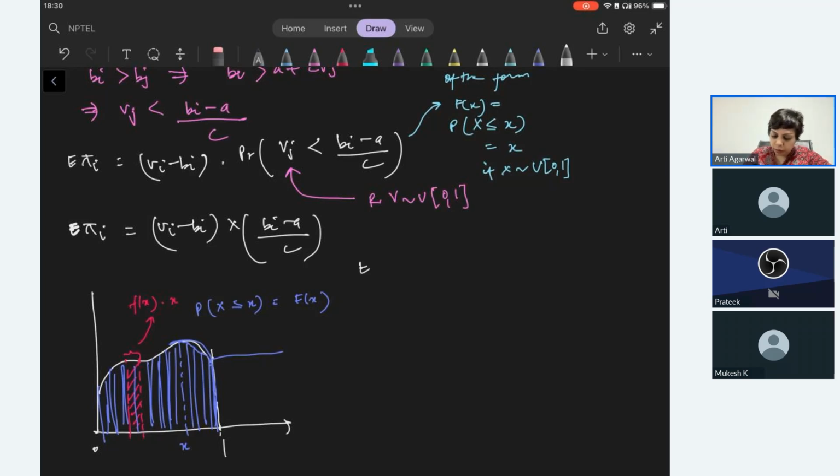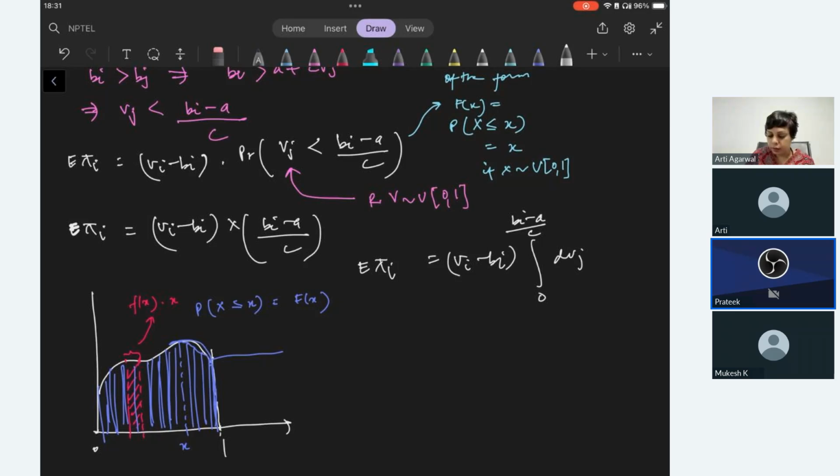There's nothing wrong if you're not too worried or encumbered by using integrals, then you can just take the vi bi outside because these are known values, they're not variables. So we want to know the value of this integral, dvj. Right, this is equivalent.